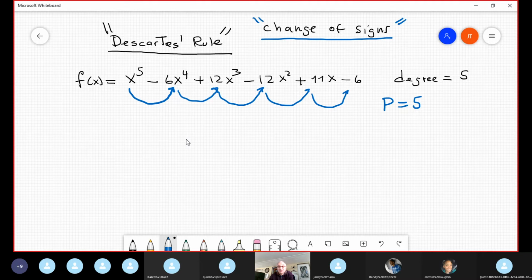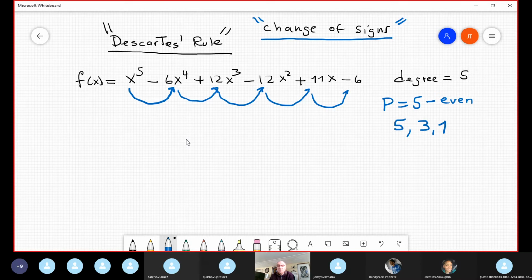Okay. And what is important is that Descartes rule says que P, que 5, maybe we have 5 or 3 or 1. So you subtract 5 minus something, minus an even number, always even. This is the rule que created Descartes. I try to explain.